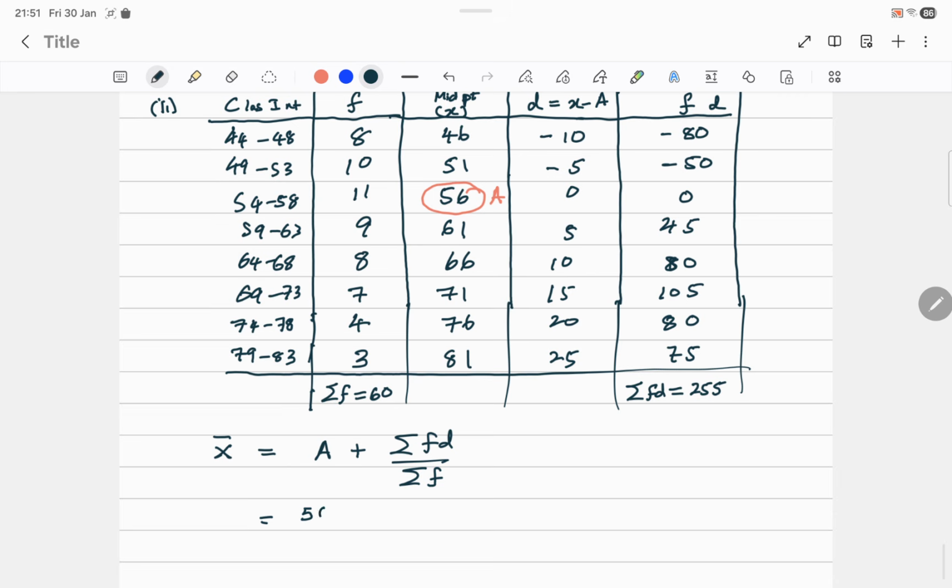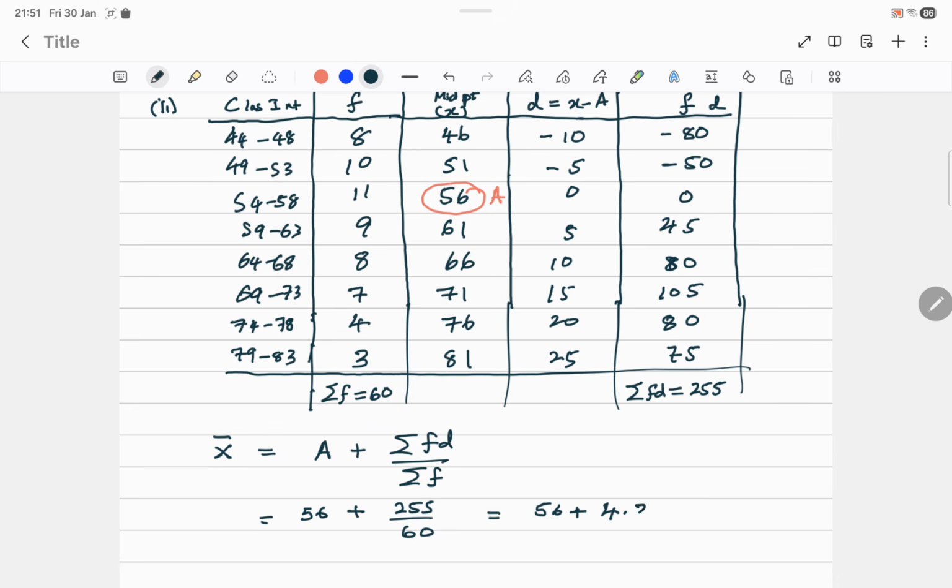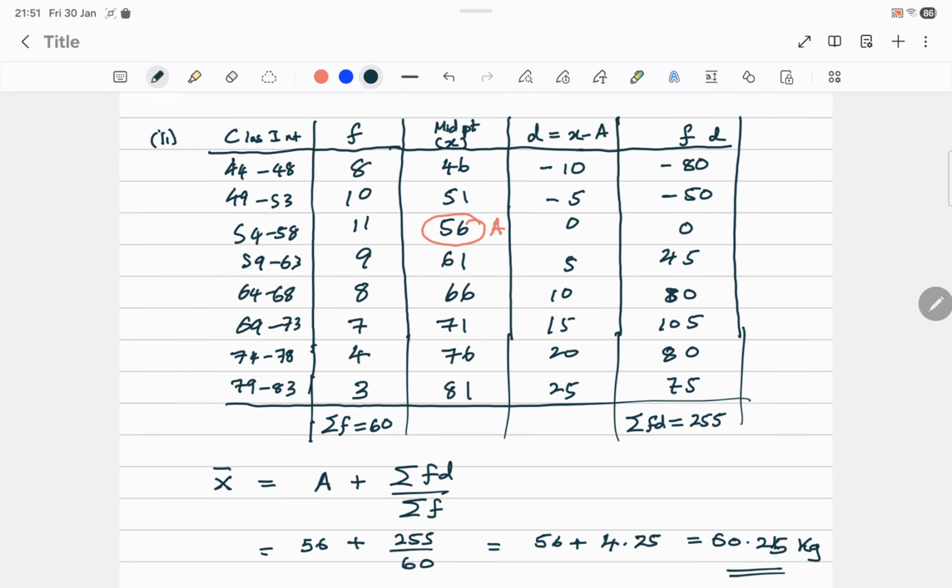A we took as 56, sigma fd is 255, divide by 60, so 56 plus 4.25, so 60.25 is the mean. 60.25 kgs. So that's part 2.